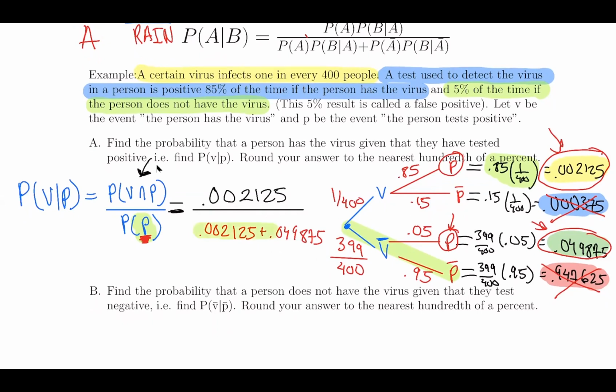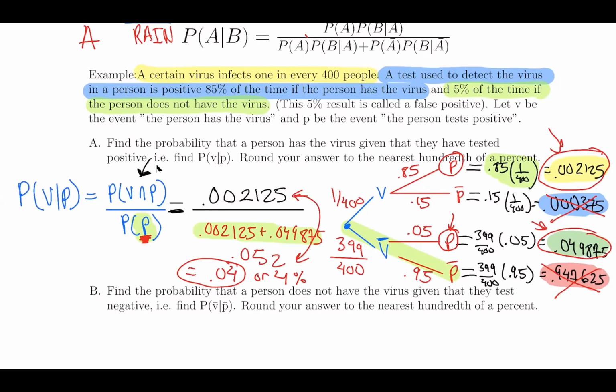If I add these two numbers together, you will get 0.052. So now what you want to do is take this number over here and divide it by 0.052, and that'll be your answer. So you get 0.002125 divided by 0.052, and you get 0.04. What is it? 4%. And that's your answer for A.